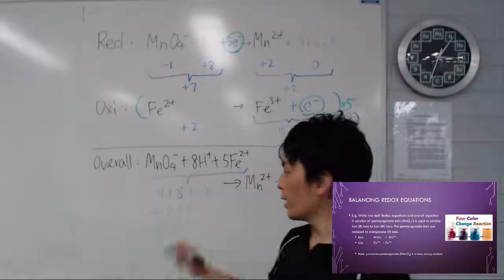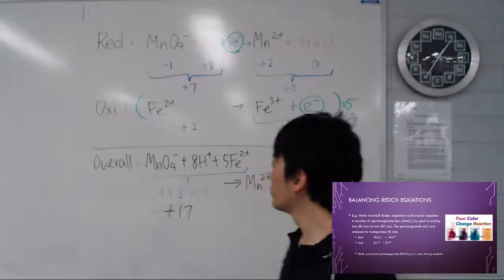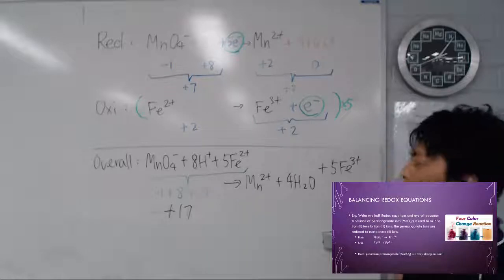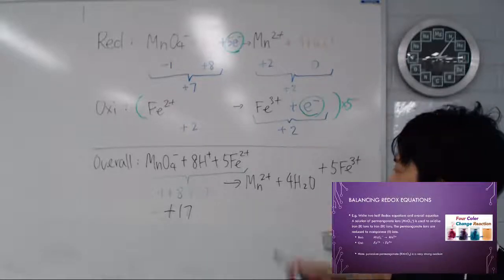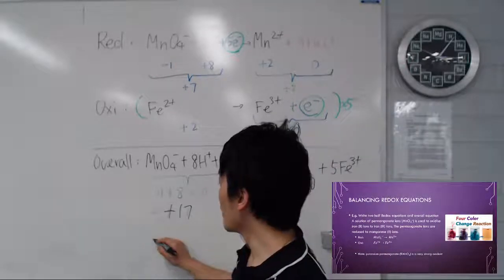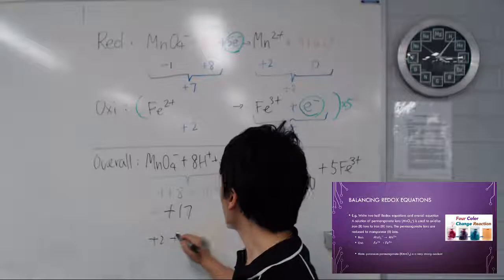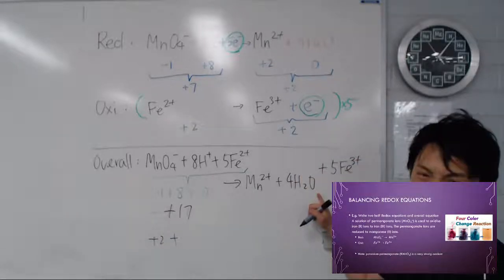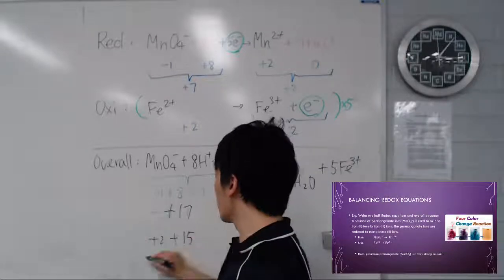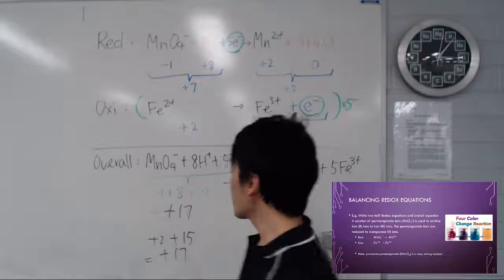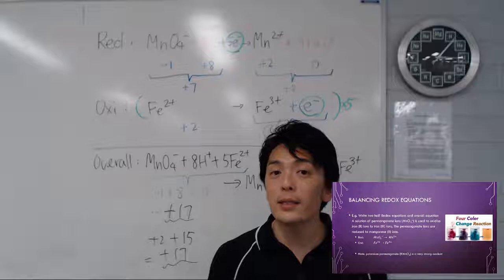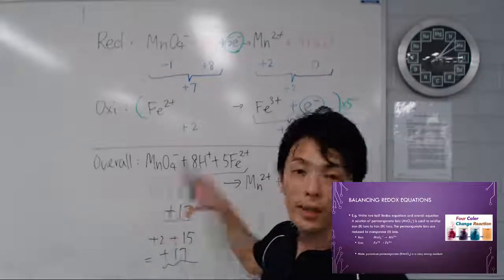Positive 17 is on the reactant side. What do we see on the product side? 2 plus here, positive 2 plus 4 times 0, so that's 0, and 5 times 3, so plus 15. Also equals positive 17. So as long as they match, you've done the right thing. You have written a balanced redox equation.